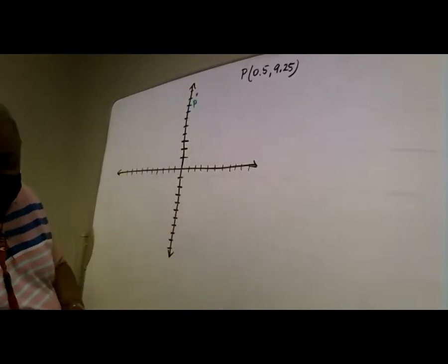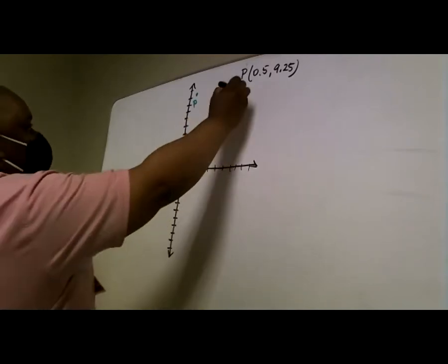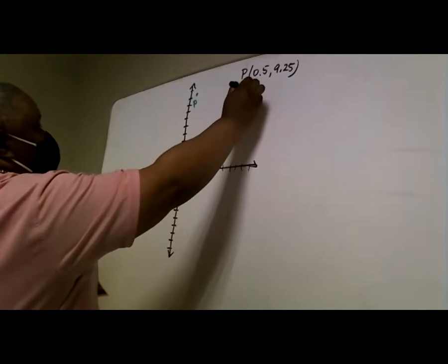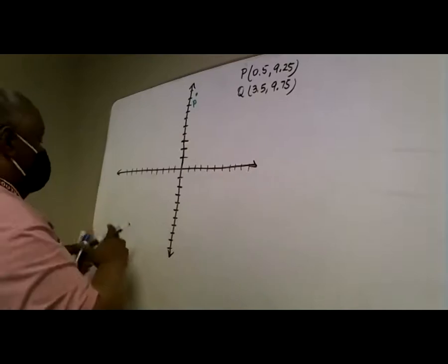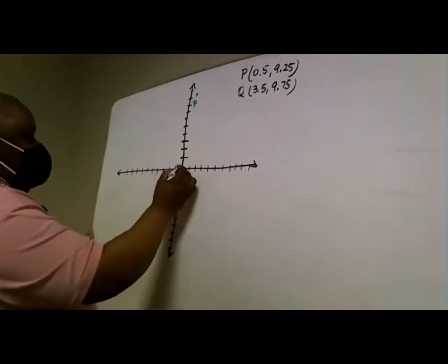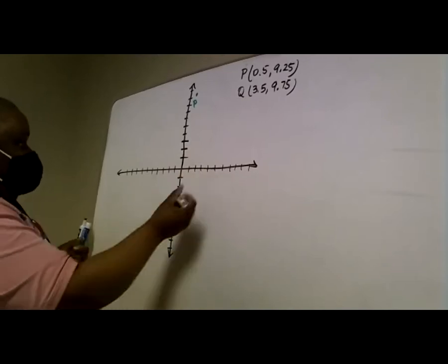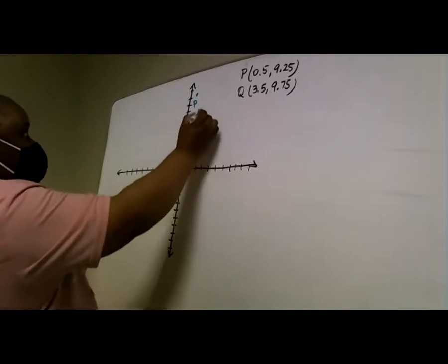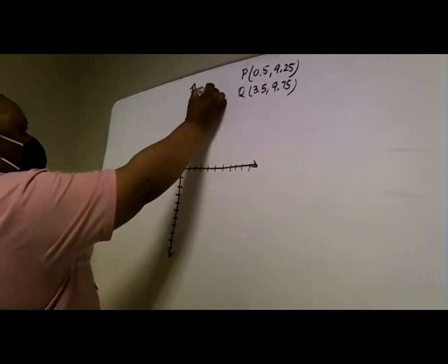And then Q is 3.5 and 9.75. So here's 3 and halfway between 3 and about 4, and up 9.75, that's close to 10. That's about right here.